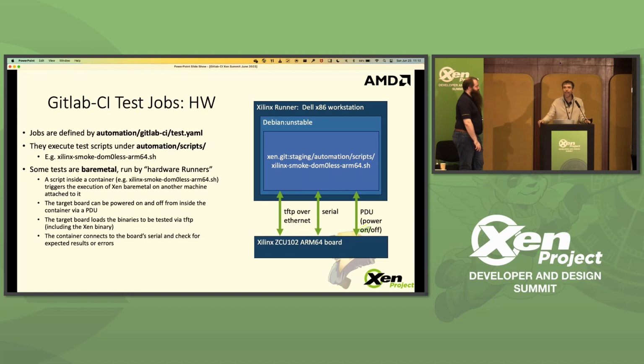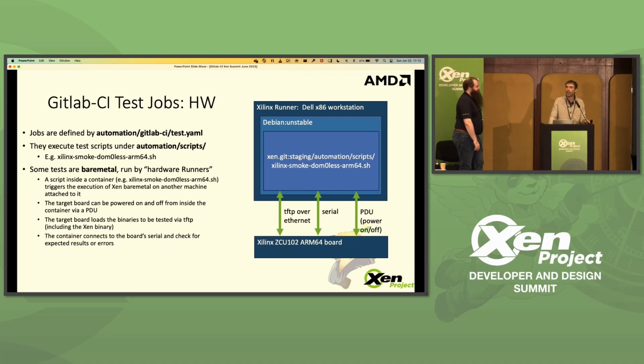Fine. I also want the TFTP server, the /var/run/tftpd, whatever is your path to the TFTP server, exposed inside the container. And I am assuming that the networking on the container is enough to reach the PDU. And that's pretty much it.